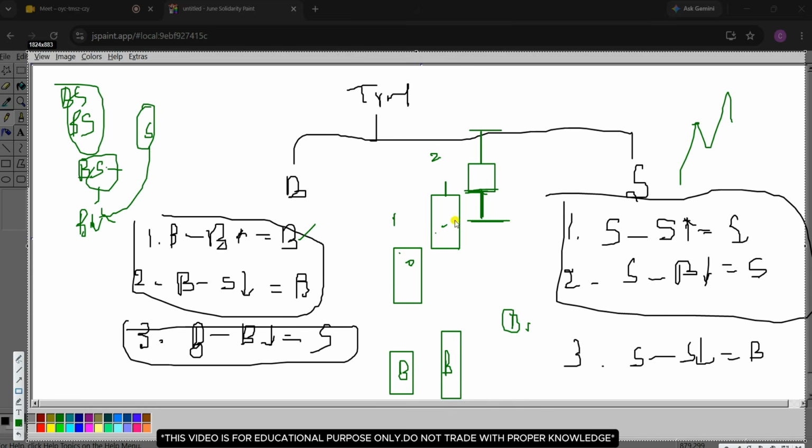This entry of the sellers from the upper side is decreasing the body, decreasing the area of the bias, which means clearly sellers are trying to decrease the bias.